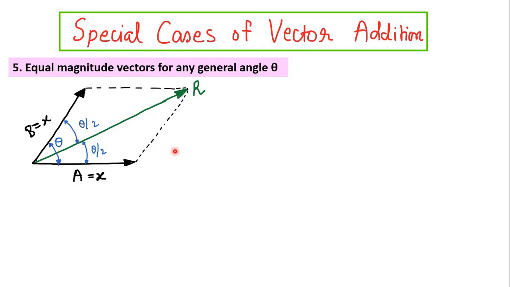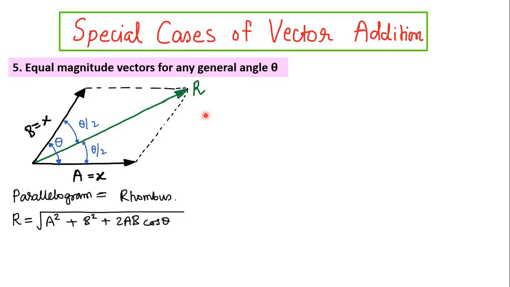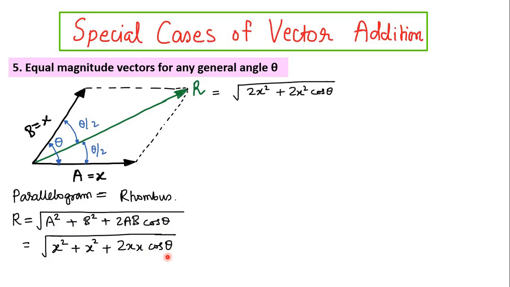So here also we will see that the resultant will bisect the angle theta as theta by 2 and theta by 2, because this is a rhombus figure and in a rhombus the diagonal will bisect the angle. So the parallelogram is a rhombus. Now we apply the parallelogram law, root of a square plus b square plus 2ab cos theta, and substitute the values. So a and b both are equal to x, but theta is a general angle, so just keep it as cos theta only.